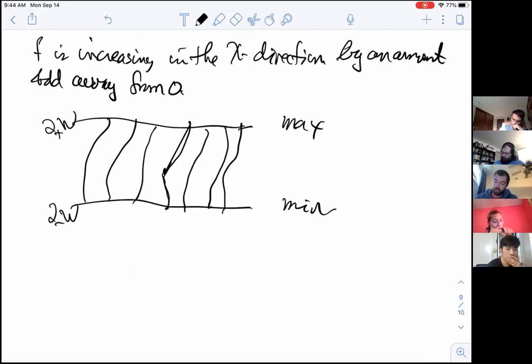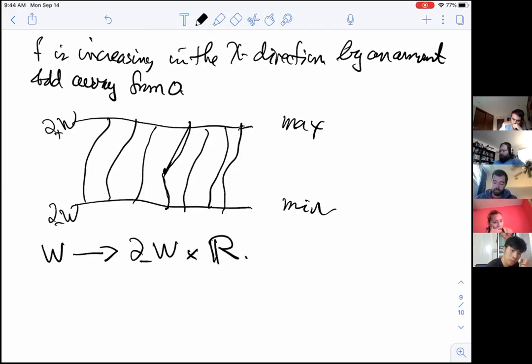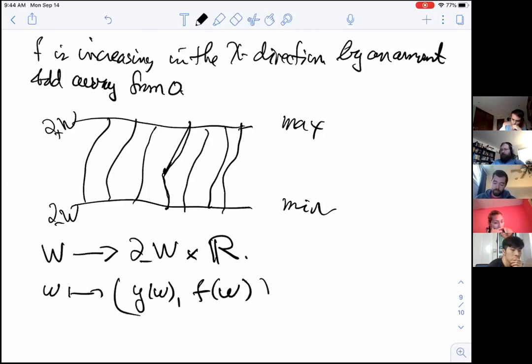So now we're going to define a function from the manifold to boundary minus W cross R. To a point W, we associate what I'll call Y of W and F of W. So if this is W, this is Y of W. Y of W is the initial point in boundary minus W of the flow line through W. By existence, uniqueness, and smooth variation with parameters, that's a smooth map from capital W to boundary minus.